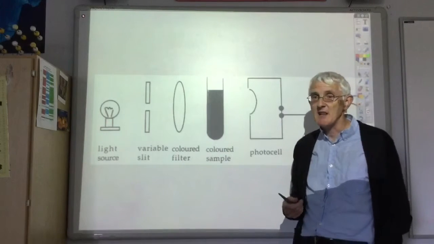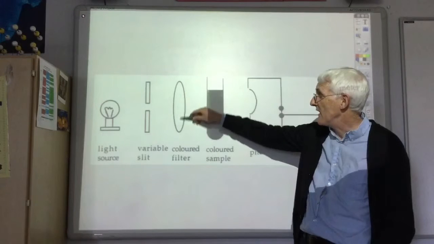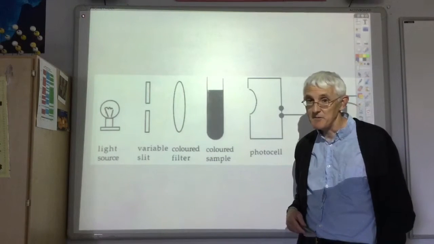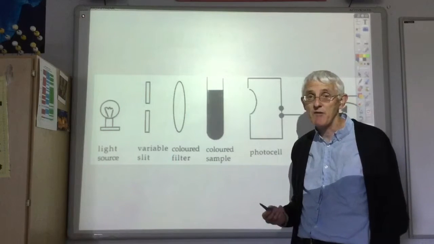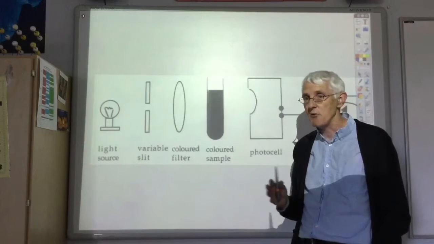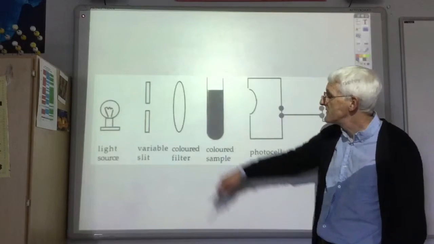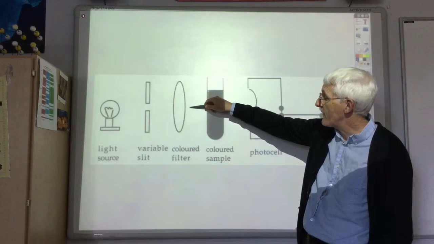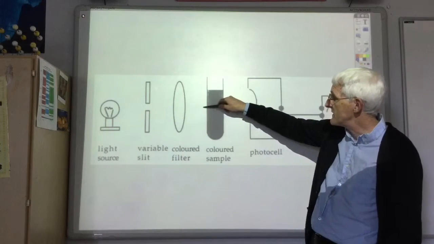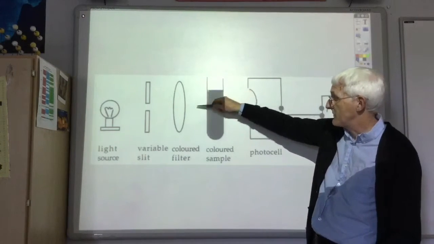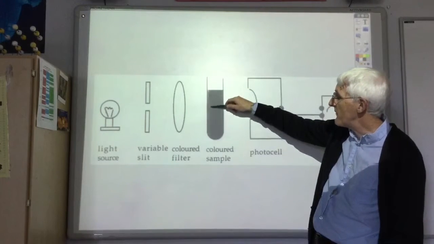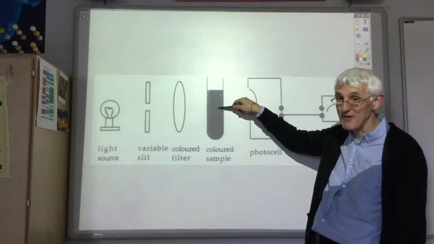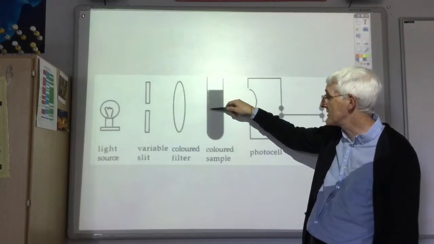So for the permanganate, we probably want to put in a filter that lets through light of about 540 nanometers. Sometimes you don't have a filter of exactly that wavelength, but as long as you choose one near that wavelength, it will work. So only light of the wavelength of 540 nanometers comes through the filter, and then some of it will be absorbed by our sample, because the permanganate absorbs light at 540 nanometers.